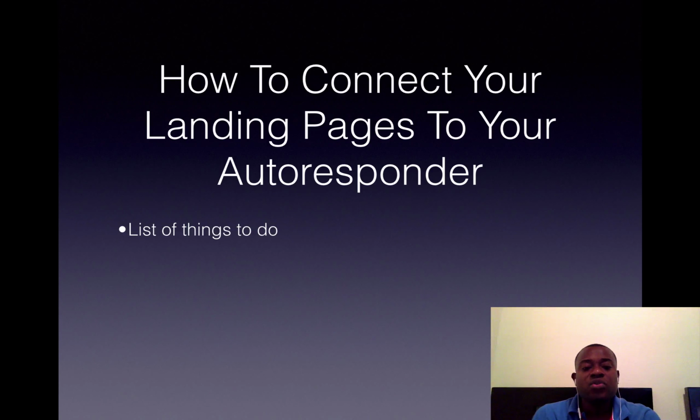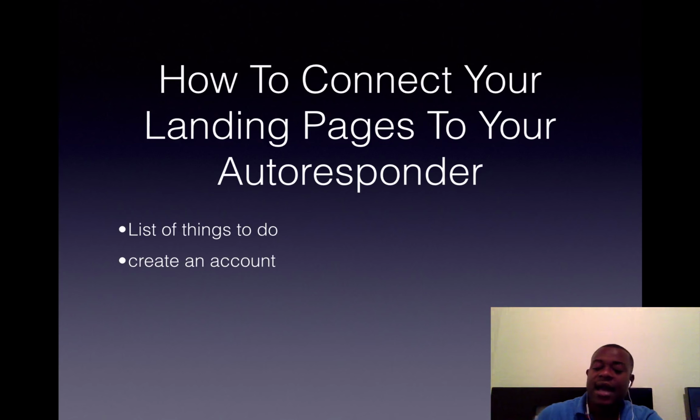But you need a list of things to do. These are the things you'll be doing in order to connect your landing pages to your autoresponder. You want to create an account. Like I said, if you're just starting out, you probably want to start with Aweber or GetResponse.